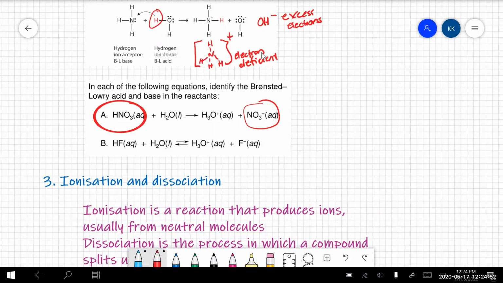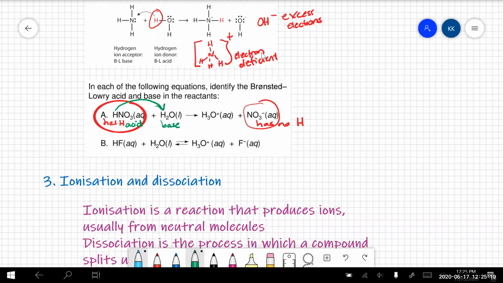Here it has a hydrogen, and here it has no hydrogen. So we can see that the hydrogen has actually gone from this molecule over here. So this HNO3 has donated, which makes this the acid, and the one that's accepted is the base.